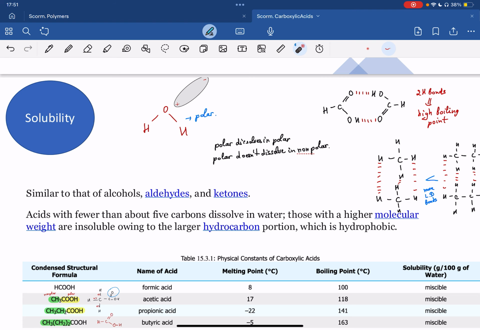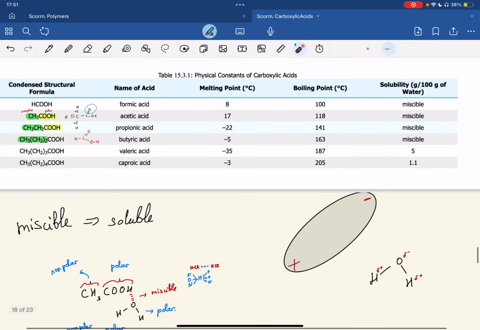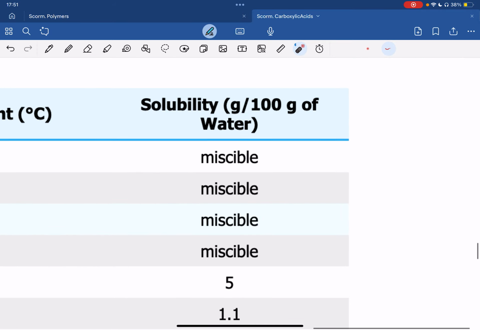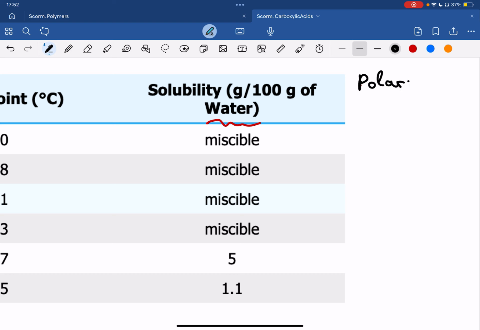Regarding the solubility and boiling point, let's discuss solubility first. Just remember one thing: we are discussing solubility in water. Know that whenever a question is about solubility, you have to know the polarity.